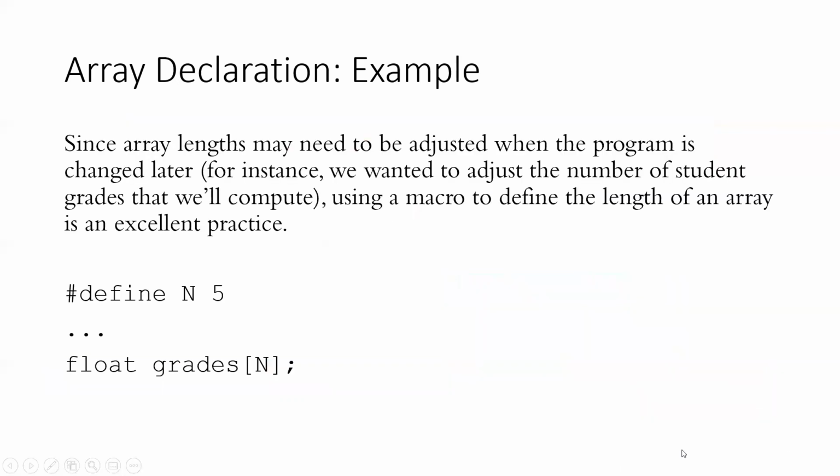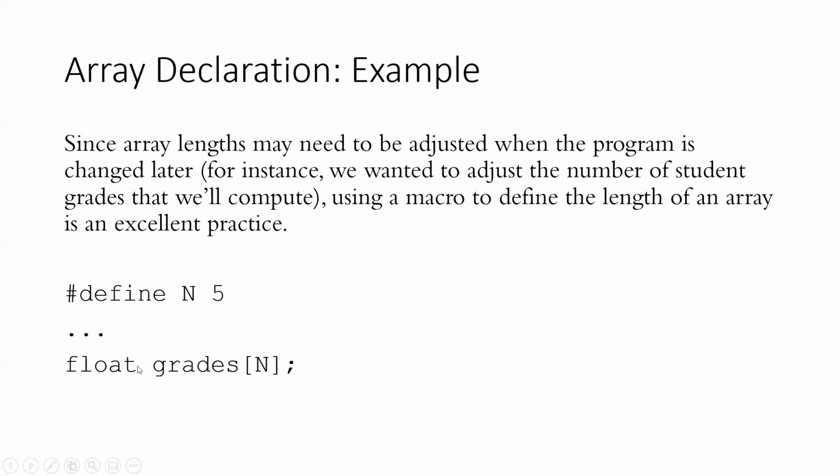Right. Since array lengths need to be adjusted when the program is changed later, for instance, if we want to adjust the number of student grades that we will compute, we can use a macro to define the length of an array, right? For example, we use a macro define, and then we set the length of the array as 5, right?